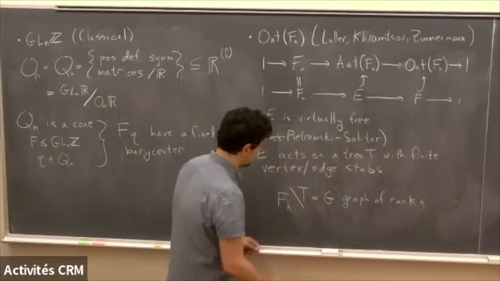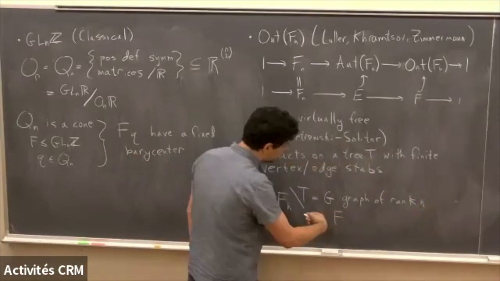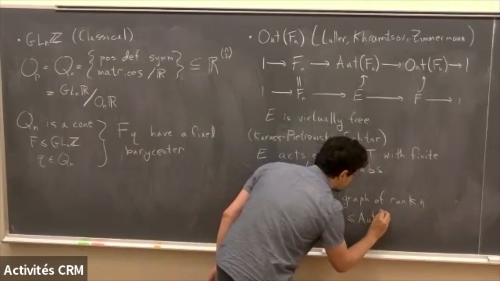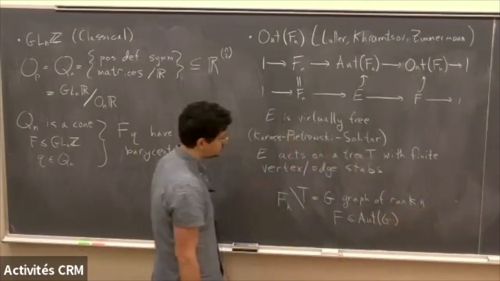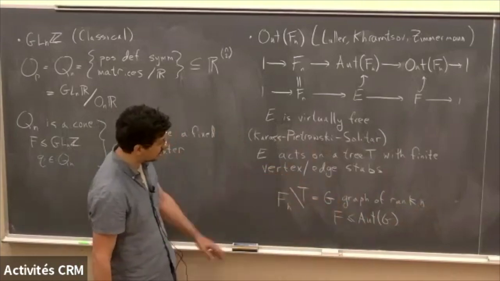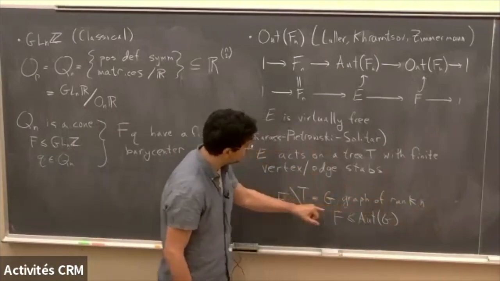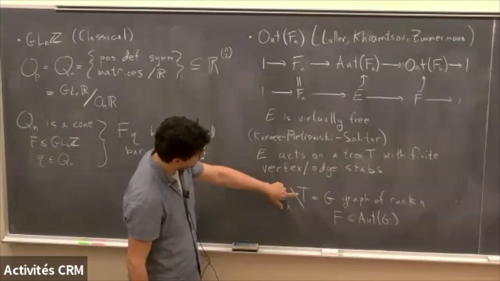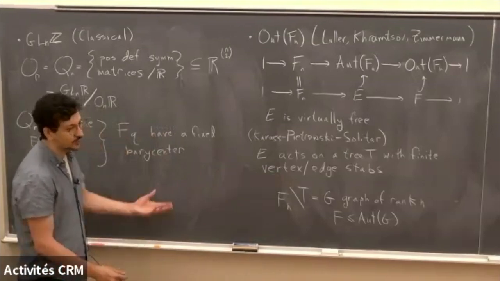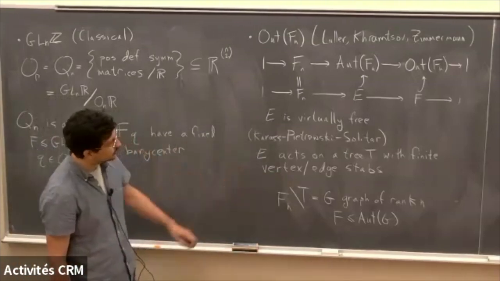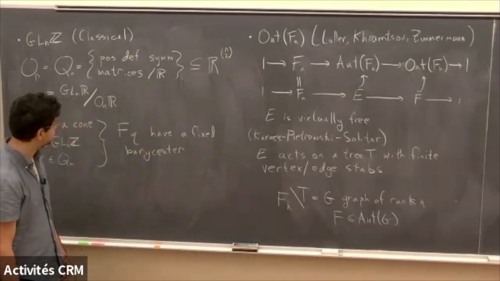And you get an induced action of F on this, and it sits inside of the automorphisms of G. Okay, so you might be thinking, how does this correspond to a point in outer space? Well, certainly the graph is in outer space, but what's the marking? Well, I have an action of Fn on the universal cover, which is this tree, and that's equivalent to giving a marking. So this really does define a point in outer space.